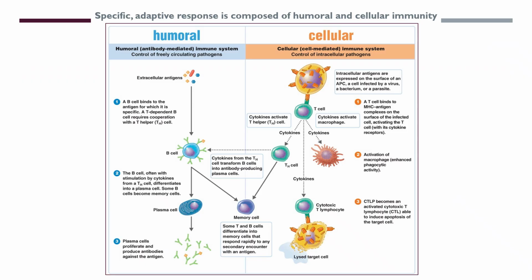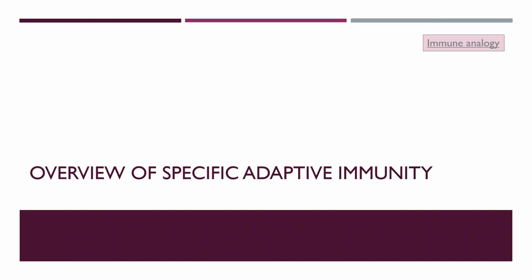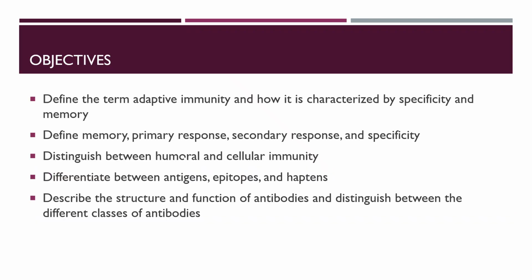There are some old names for the specific adaptive side that we still use. We talk about there being the humoral side and the cellular side, so we'll be delving into that a little bit more. So, an overview of what we'll be doing, and of course our objectives.